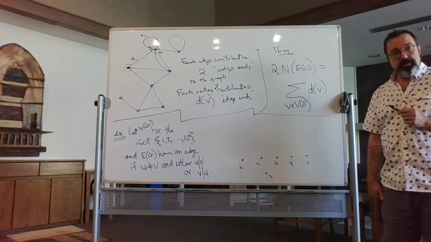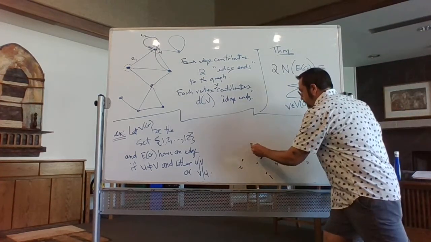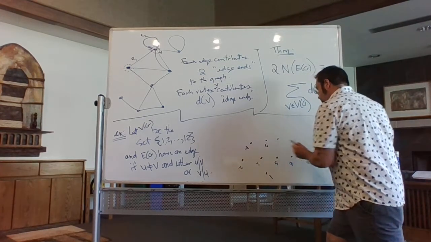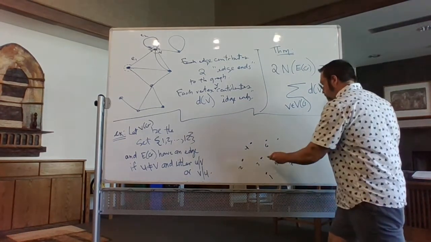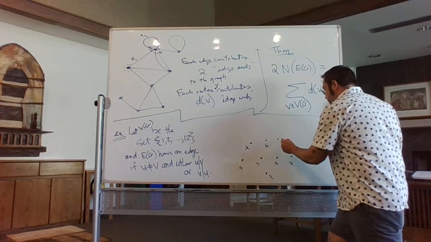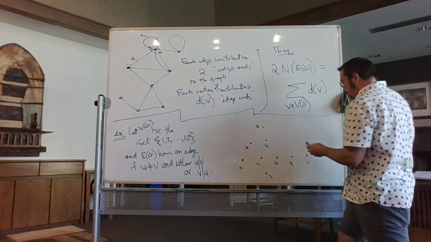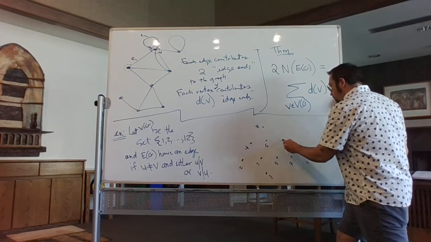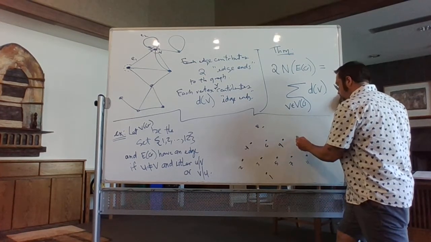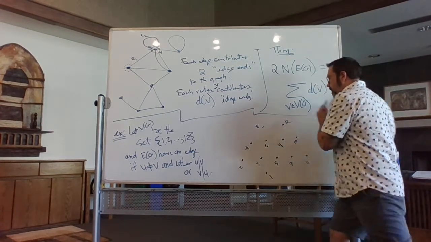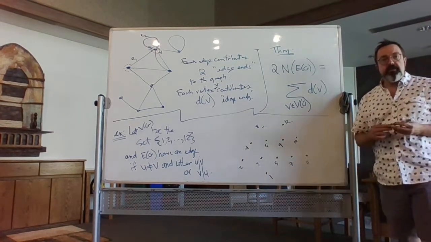Can you tell which numbers those are? What numbers am I missing? I'm missing 4, I'm missing 6, I'm missing 8, I'm missing 9, I'm missing 10, and I'm missing 12. All right. So those are the vertices in the graph.